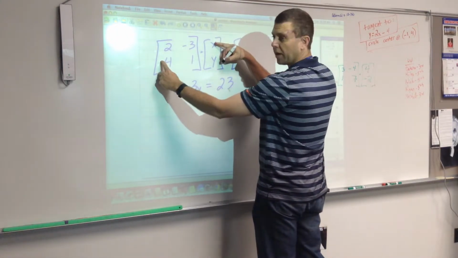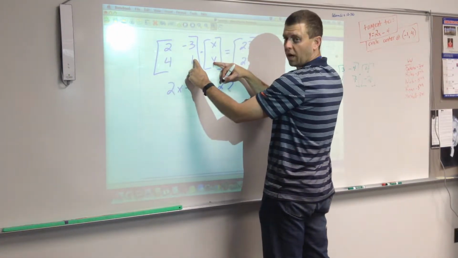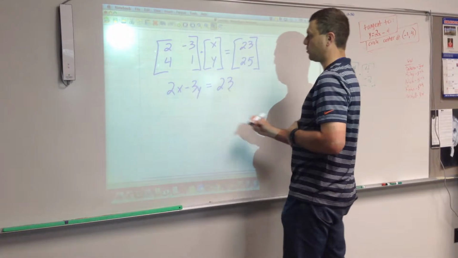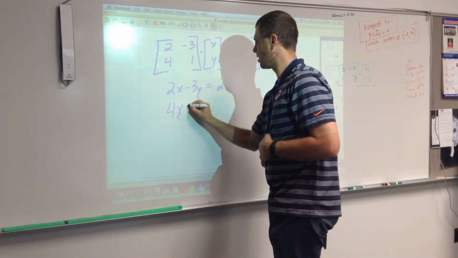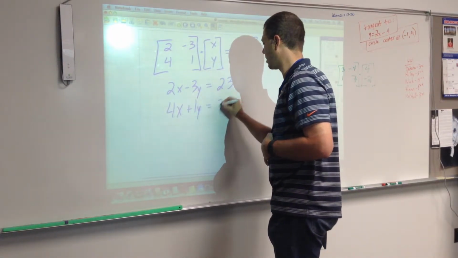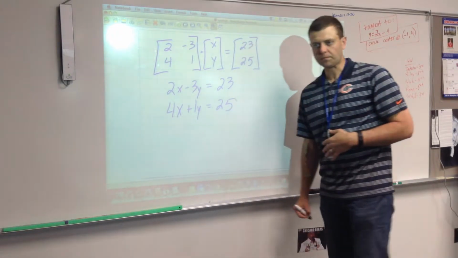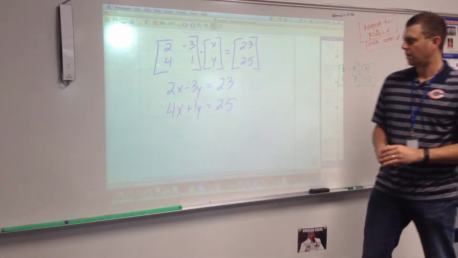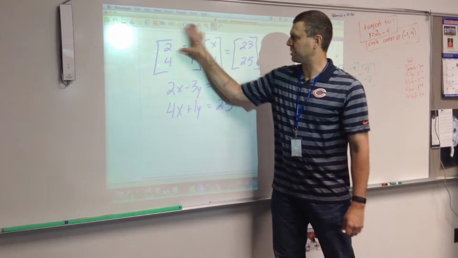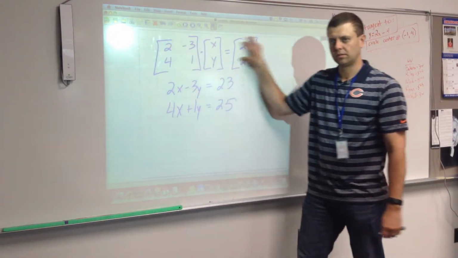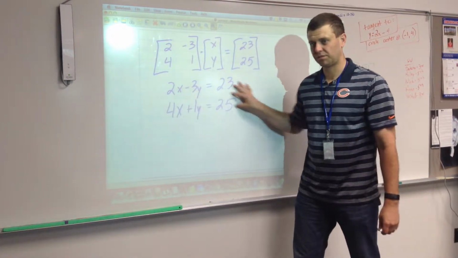And then 4x plus 1y has to equal 25. When I ask you to solve this, I'm really just asking you to solve this.